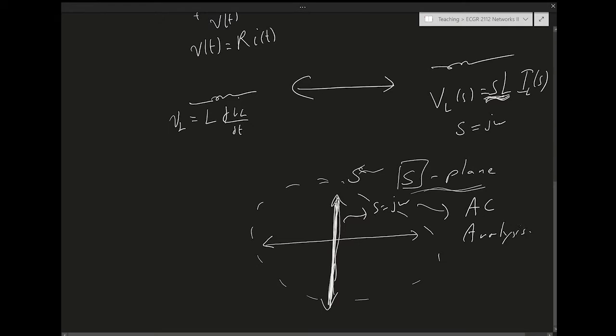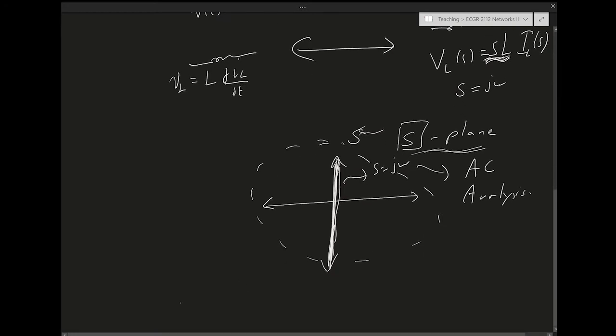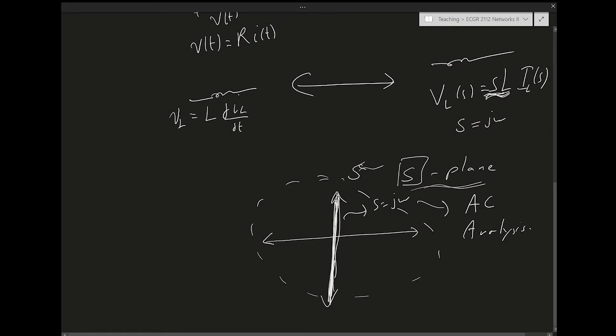That's a bit theoretical, but it's something you should keep in mind. When we introduced s, we introduced it as a shortcut for j omega. That's not the full picture. The full picture is that s really represents the Laplace transform forms of the signals that are functions of s, where s is a variable, unlike t, that exists over the whole complex plane.